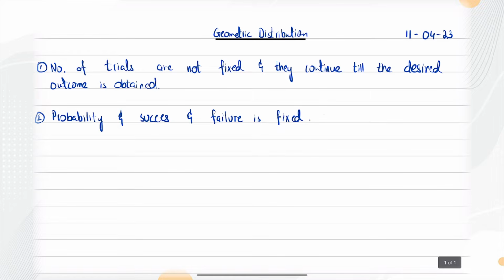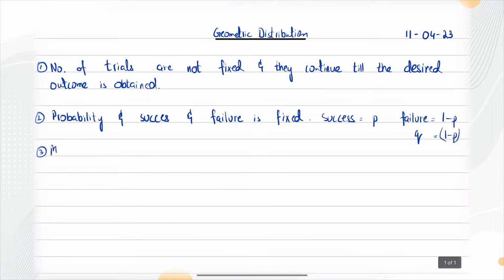Success is referred to as P. Failure is referred to as 1 minus P. That's how it's calculated, because the sum of all probability is 1. Failure, which you can call Q, although you'll see it mostly written as 1 minus P, is fixed at 1 minus P.